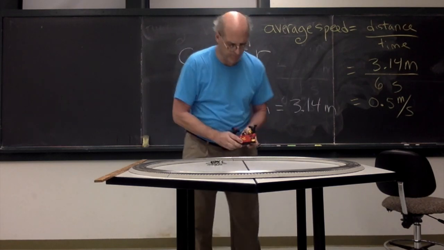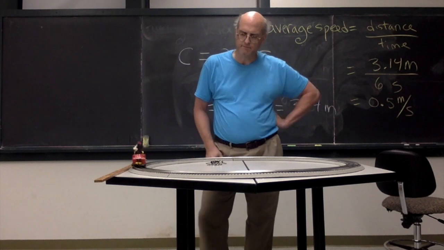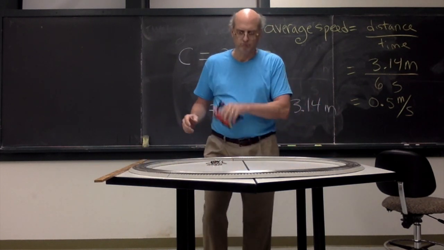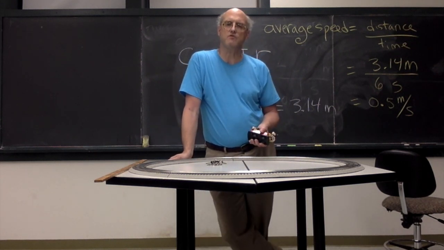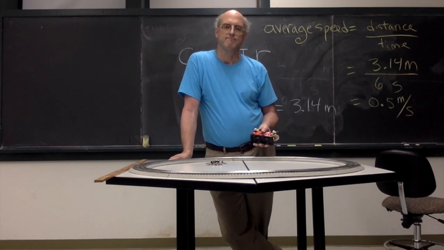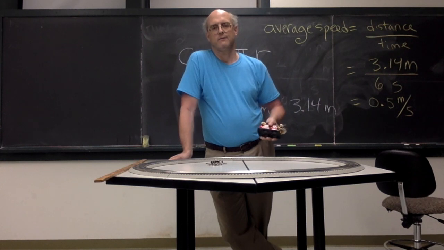Okay, so here we go. Okay, so why don't you hit the pause button and see if you can figure out the average velocity of this toy going once around the track. And when you figure it out, come back and we'll check your solution.